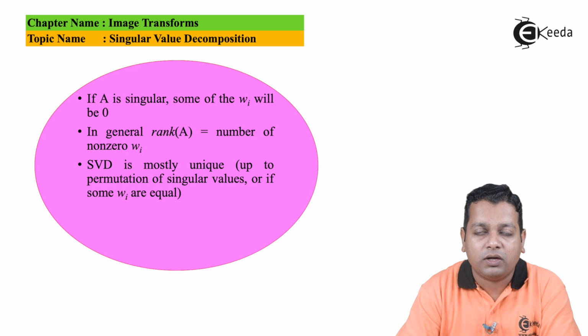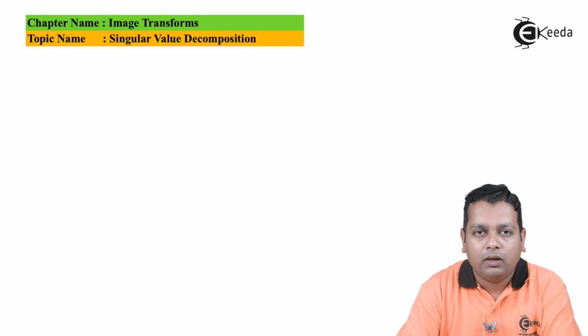Singular value decomposition, abbreviated SVD, is mostly unique for any image sample; it is not common. The uniqueness holds up to the permutation of singular values, or if some W suffix i are equal.